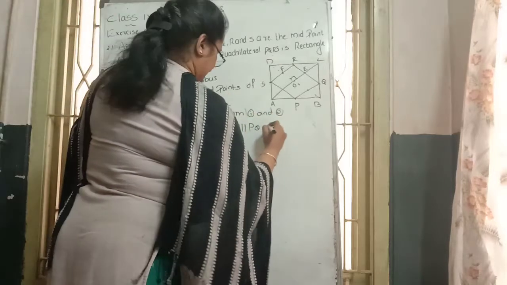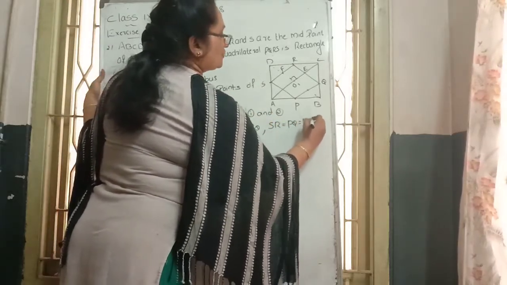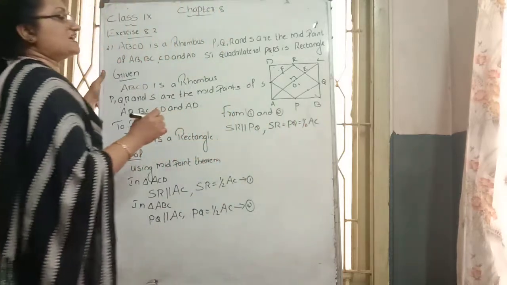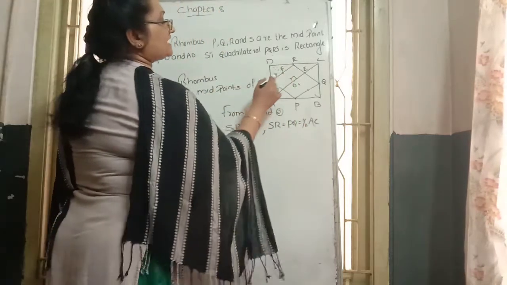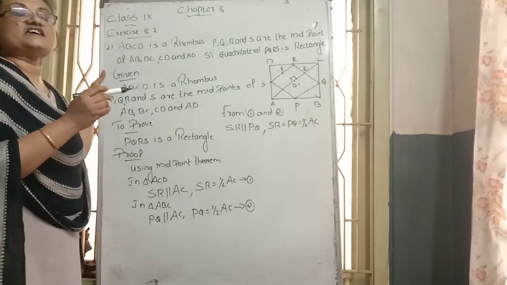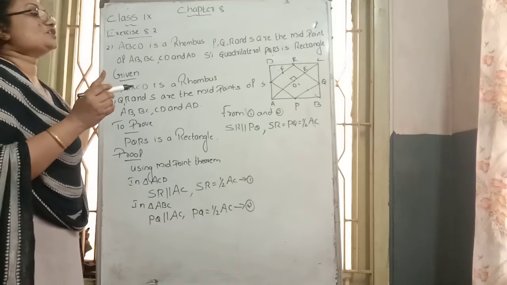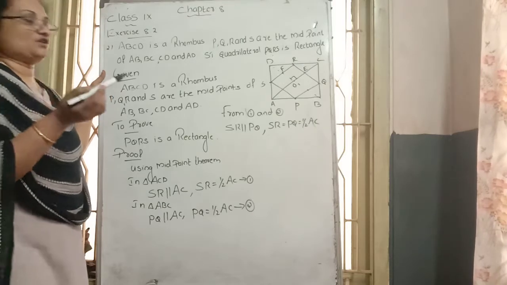We can write SR is equal to PQ, both are half of AC. What about SR and PQ? Look at the diagram. SR and PQ are opposite sides of that diagram. That's why we can say PQRS is a parallelogram.